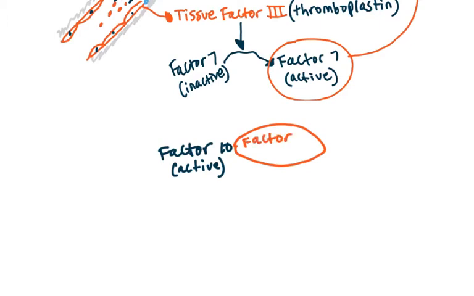Let me write that 5 a little better. So factor 5 is forming a complex with factor 10, and together the whole complex is known as prothrombinase.